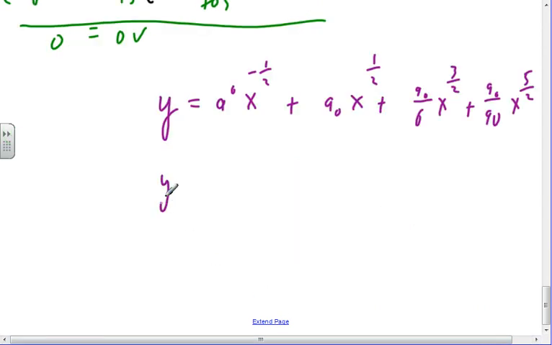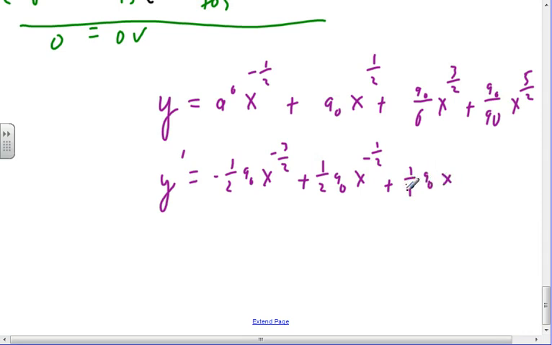Okay, so y prime is going to be minus 1/2 a0 x to the minus 3/2 plus 1/2 a0 x to the minus 1/2 plus 1/4 a0 x to the 1/2 plus, see, 5 goes into 90 how many times? 18 times.